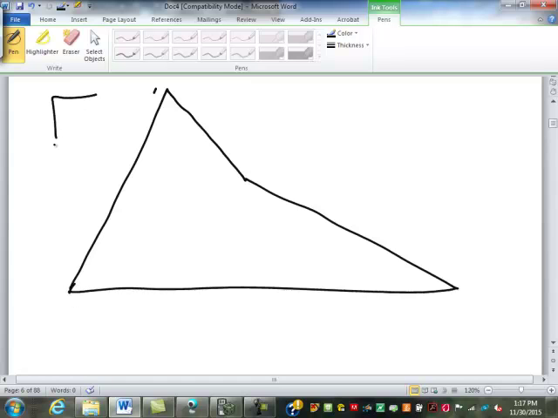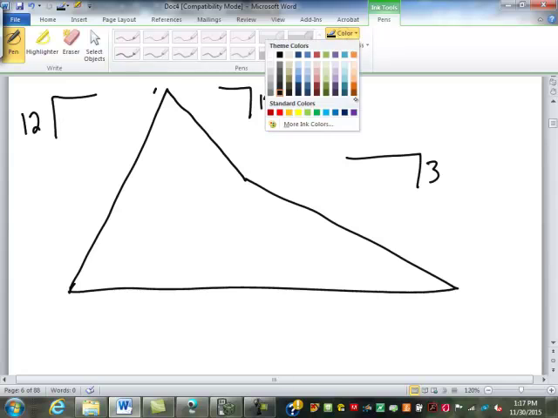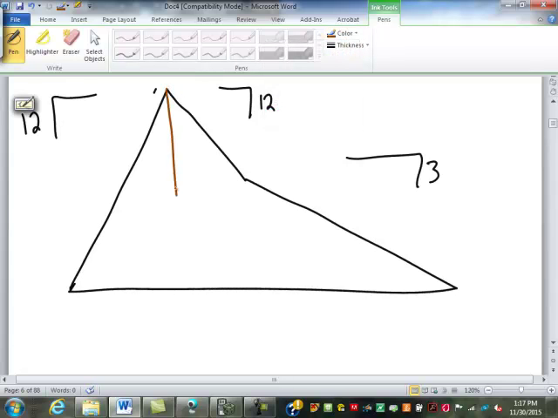So let's say we have one here that is a 12-12 slope here, 12-12 slope there, and 3-12 slope here. There's our height.